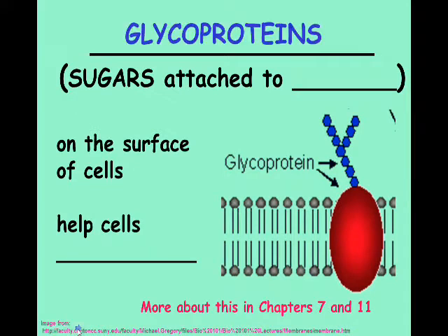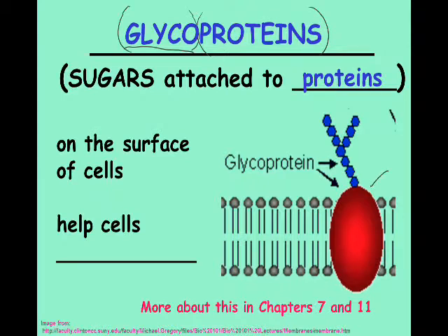We already talked about this molecule back in our carb slideshow because this is a combination molecule. It's part protein and it's part carb. The glyco, think glucose. It's a sugar molecule, sugar that's attached to a protein. It's a combination molecule.